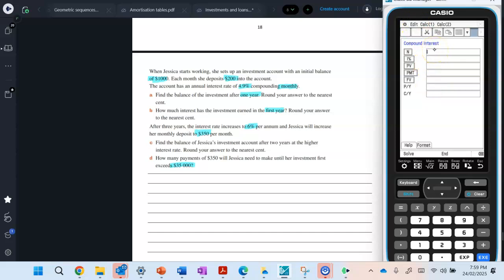All right, so interest rate has now gone to 6. Her principal value, paste that in. Remember, it's got to be negative because it's still an investment. Okay, and a monthly deposit, she's still making the deposit, but it's increased to $350.